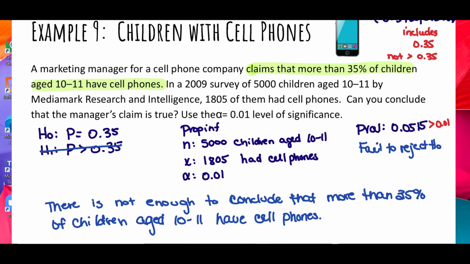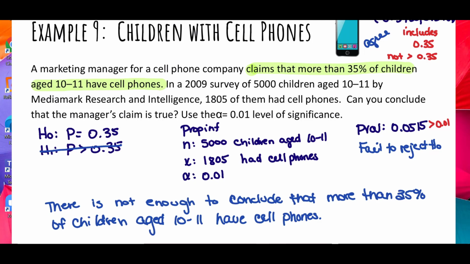And then, again, our confidence interval agrees because it's saying with 99% confidence that the true proportion of children aged 10 to 11 who have cell phones is between 34.35%, which is around 34%, and 37.84%, or as a proportion 0.3784. 0.35 or 35% is within that.